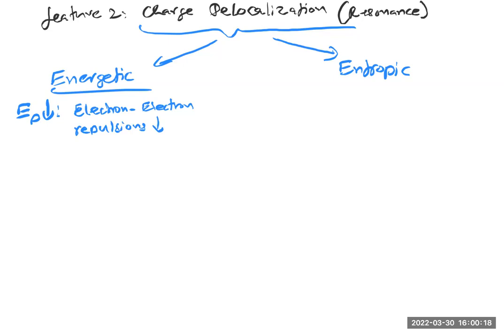Apart from that, when we have electrons spread out in a larger space, they slow down. Therefore the kinetic energy also decreases, because electrons in larger spaces move slowly.